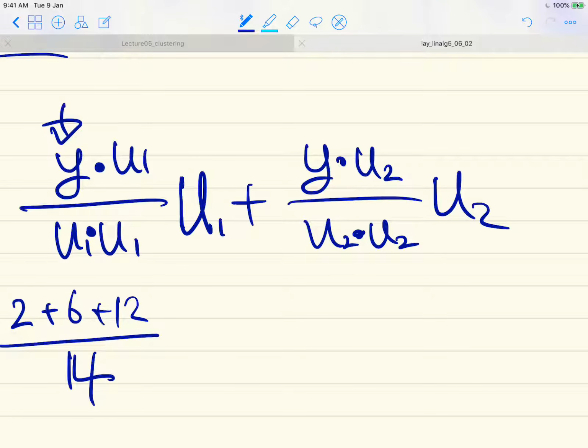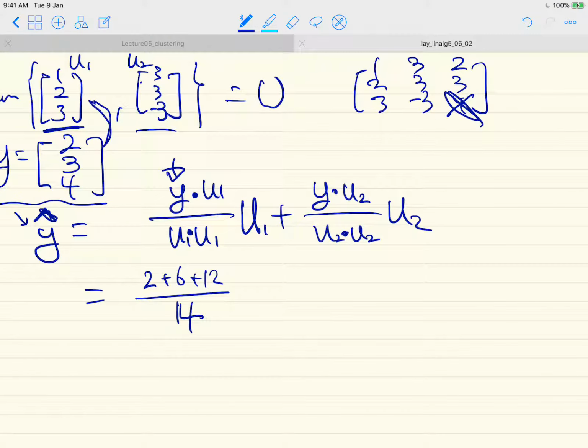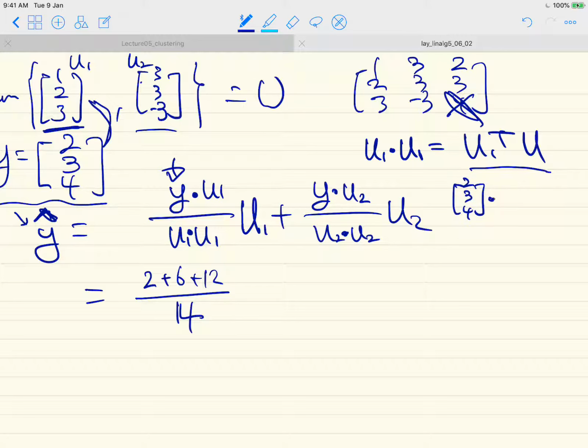As a side note, u1 dot u is the same as u1 transpose u, so in this case it is a matrix multiplication, like 2, 3, 4 times 2, 3, 4 with no dots.